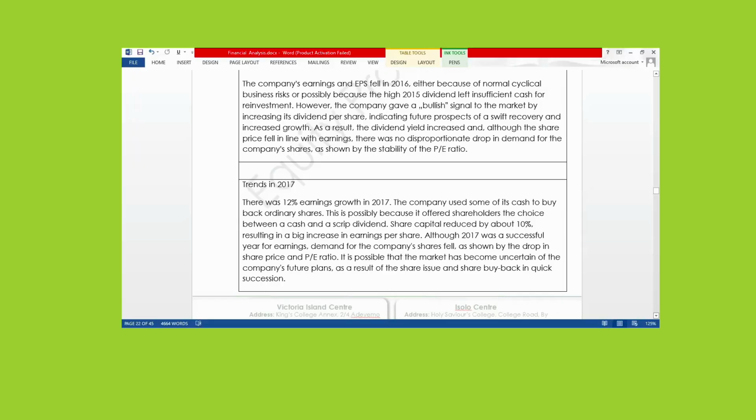Why would the company share price fall? This may be as a result of the share buyback. If you are buying back your shares, you are returning money back to investors.